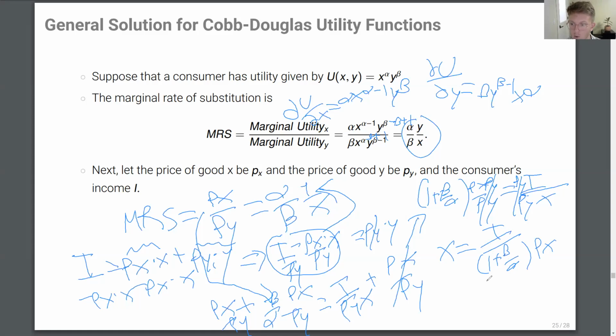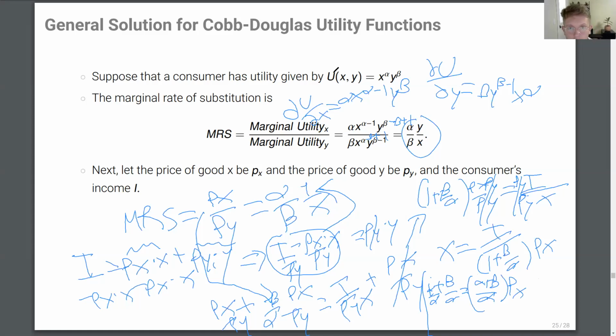Okay. Or if I want to simplify that, let me note that if I want to simplify 1 plus beta over alpha, then I multiply 1 by alpha over alpha, which is just 1, so it's the same thing, and I get alpha plus beta over alpha.